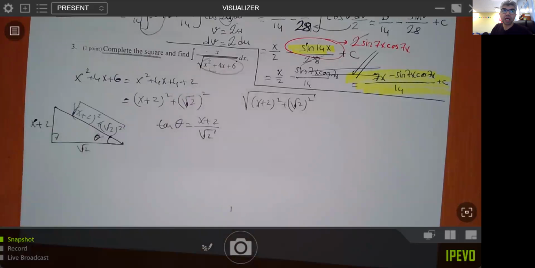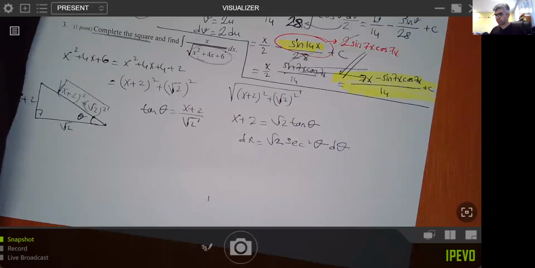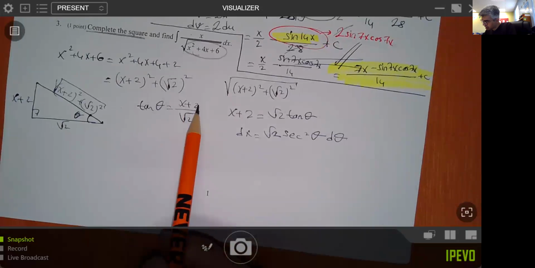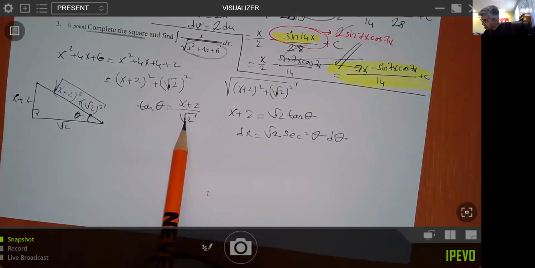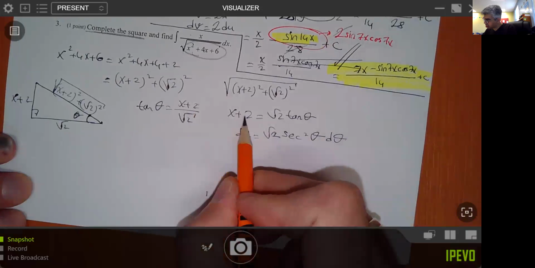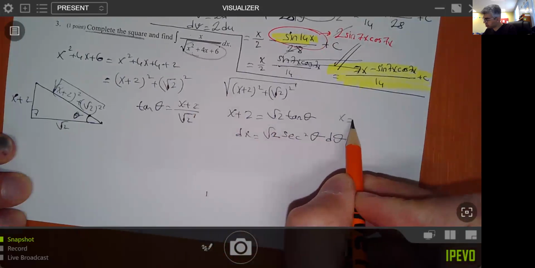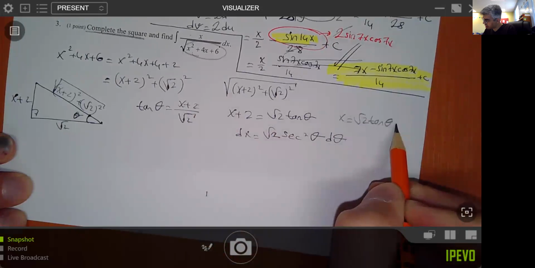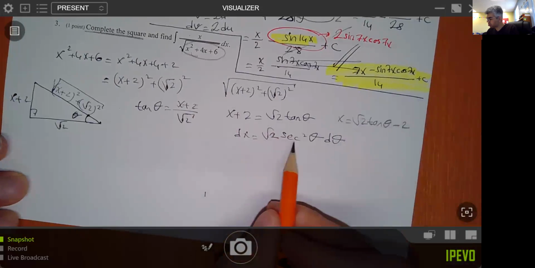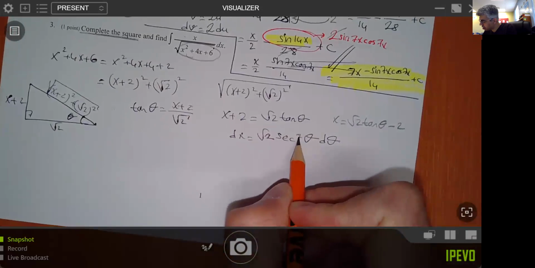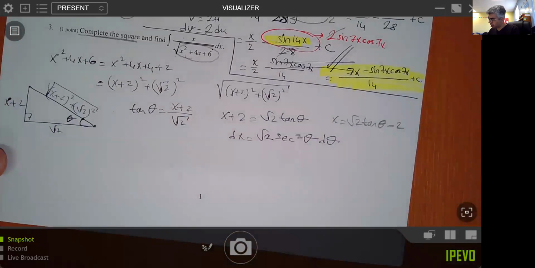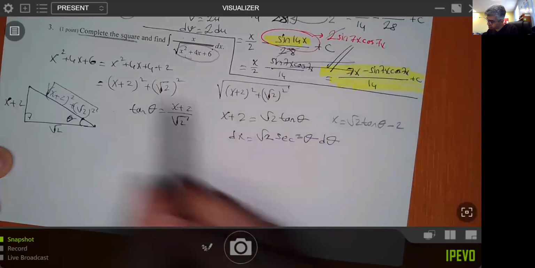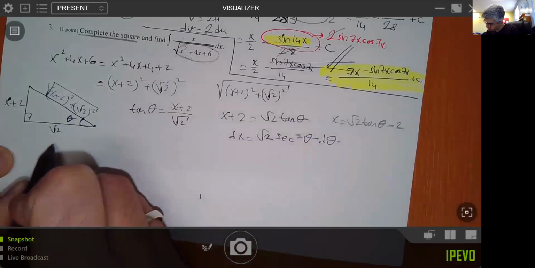All right, so guys, here, after finding tangent theta is x plus 2 over root 2, we get x plus 2 is root 2 tangent theta, x is root 2 tangent theta minus 2, and dx is root 2 secant squared theta d theta. And now I have to make these substitutions in the question.